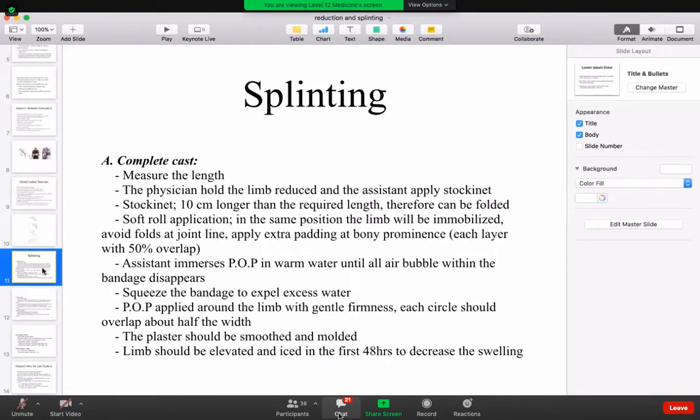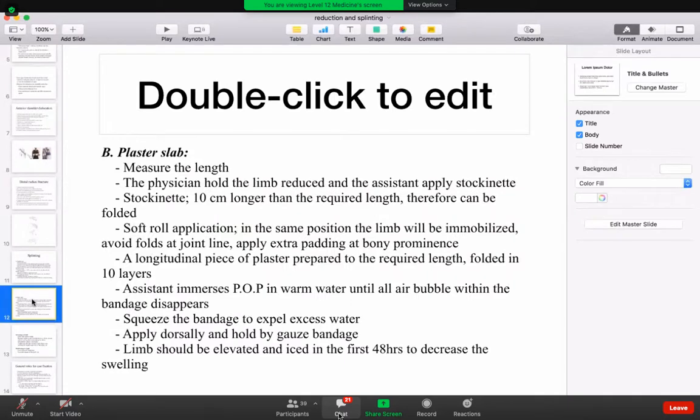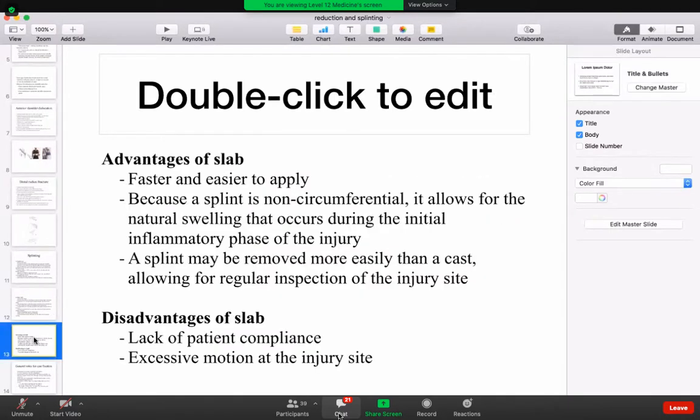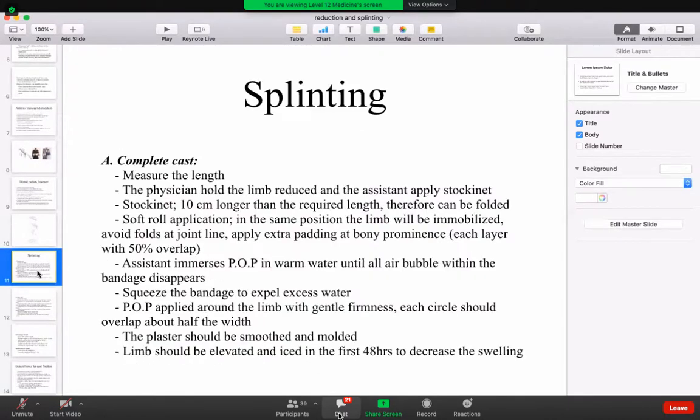So the splint, we have different kinds. We have complete cast. We have back slab. And we're going to talk about each of them.